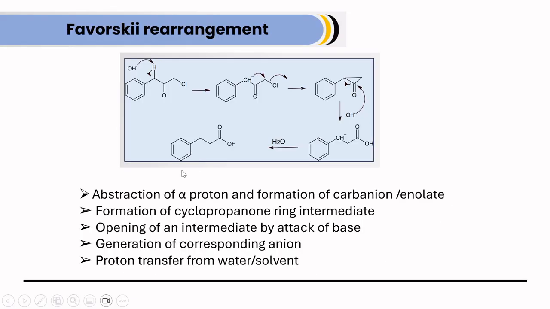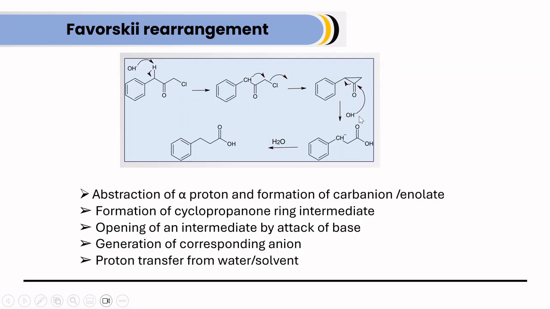Now let us look at the mechanism with our substrate. This is the alpha hydrogen. It is abstracted by the OH group and a carbanion is formed, or an enolate is formed. And then this enolate undergoes cyclization to form the cyclopropanone derivative.